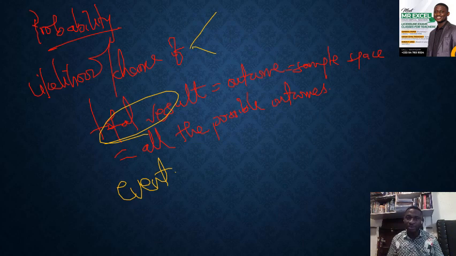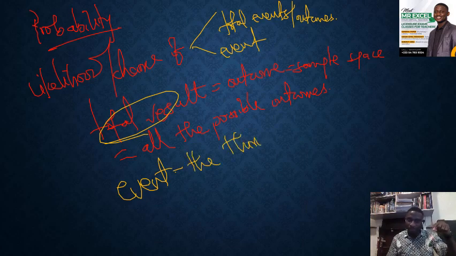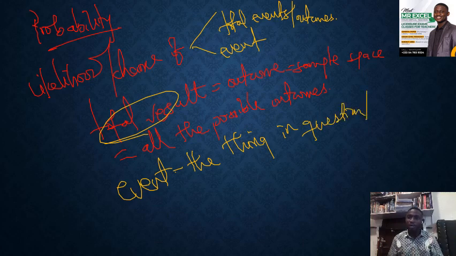Of the two things, we have the event, and then the total outcomes or sample space, as we have explained. So what then is the event? When we say the event, what are we referring to? The event is the exact thing in question. So what the question is trying to talk about is always the event.